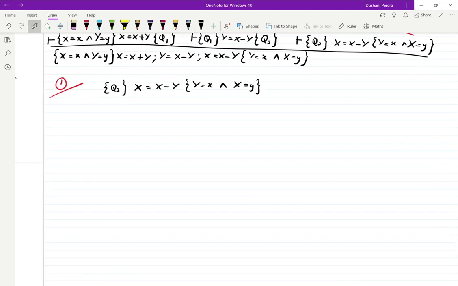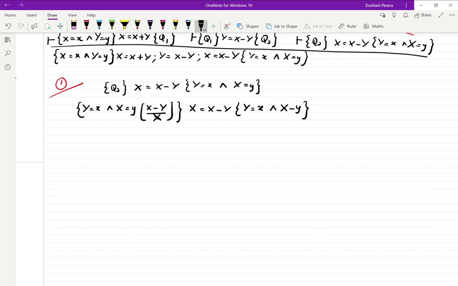Now when I apply the assignment rule, what I have is Q, E over x, x equals E, Q. Then I replace x with E. X is replaced with E. So here I have this.